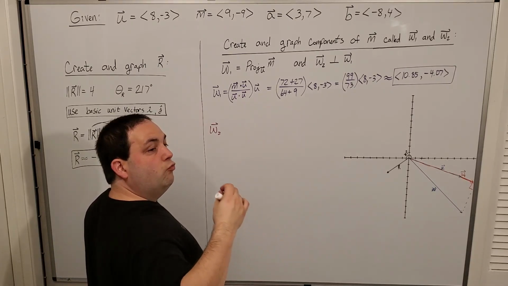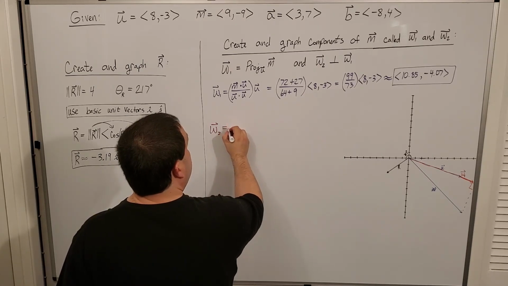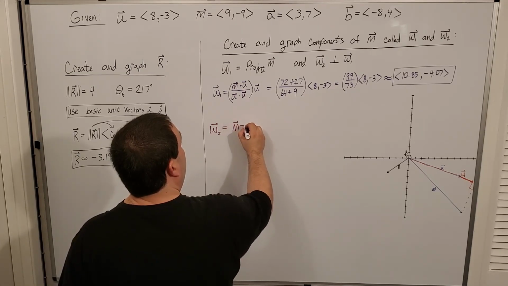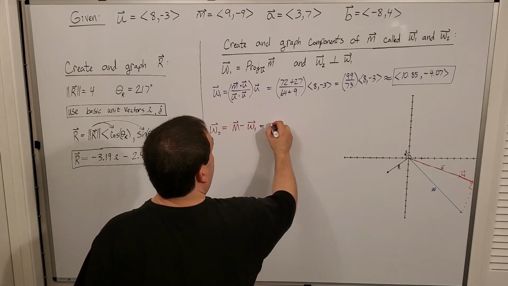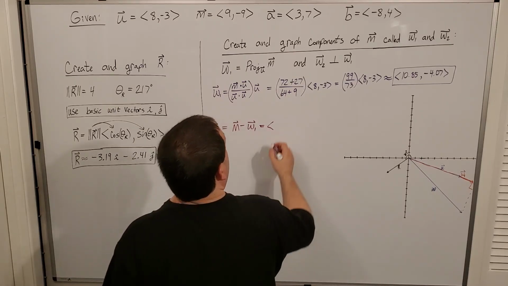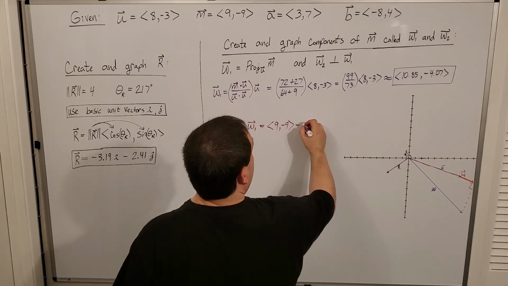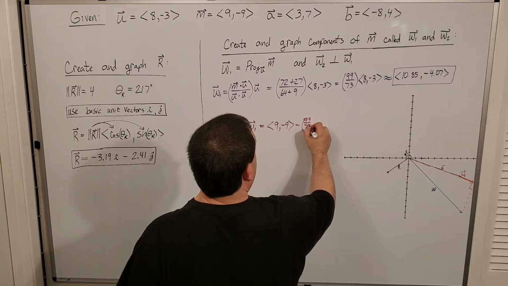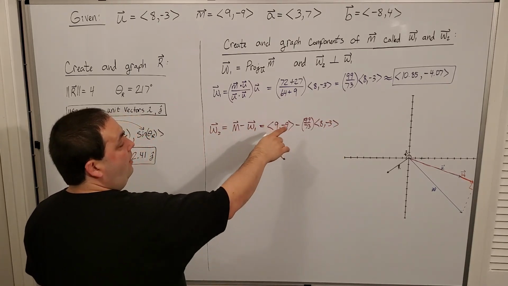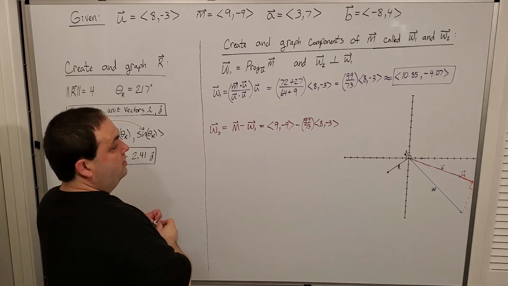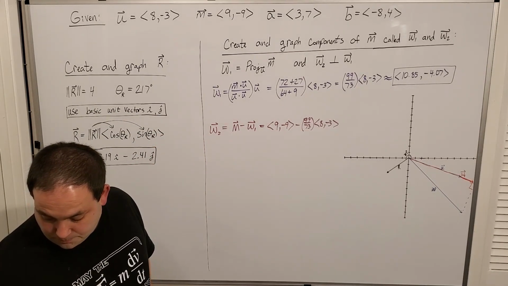But it's also the remaining bit of vector M, which means it would be vector M minus the W1 that we just computed. Okay, so that's going to be 9, negative 9 minus the 99 over 73 times 8, negative 3, right? I'm not using the decimal chop approximation one. I'm going to try and make this as accurate as possible here.